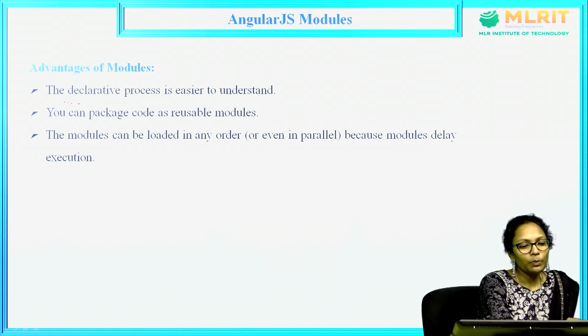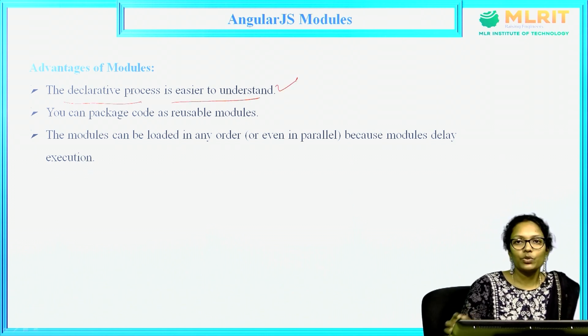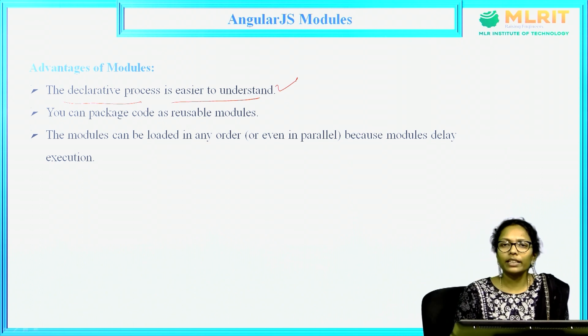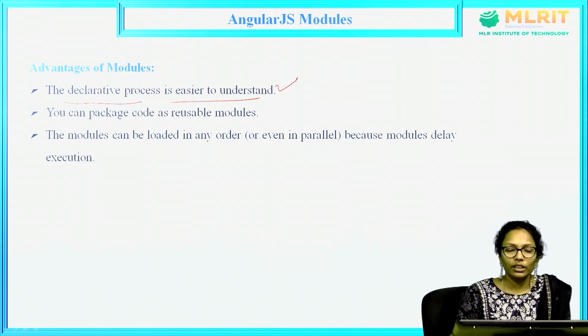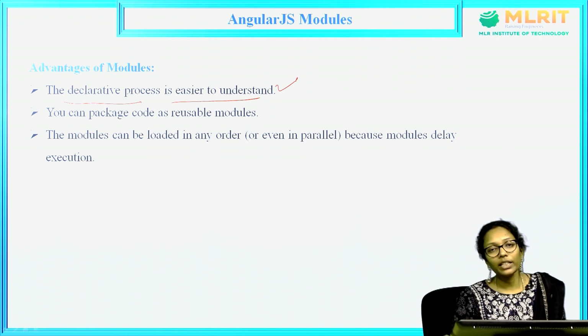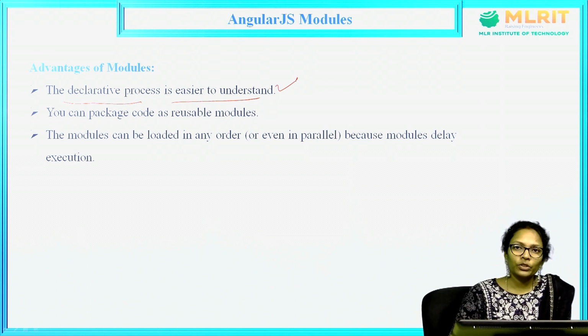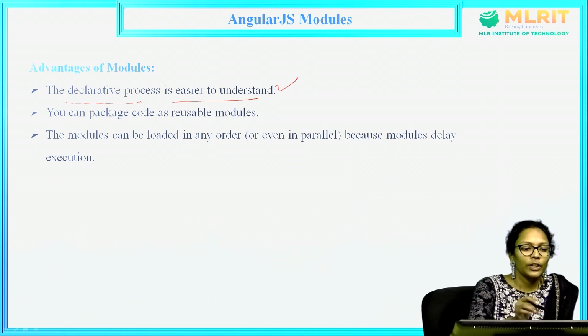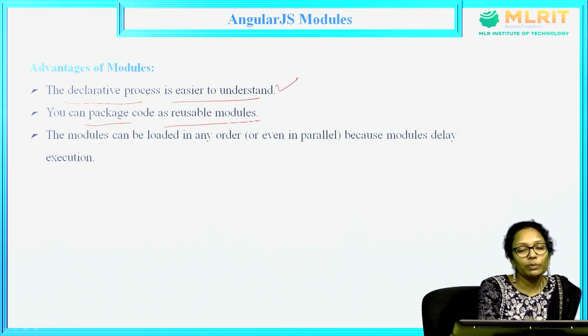So what are the advantages? The declarative process is easier to understand. A module is like a reusable thing, like a function, so whenever you make functions or modules, it is easier to understand. Of course, you can package the code as a reusable module.